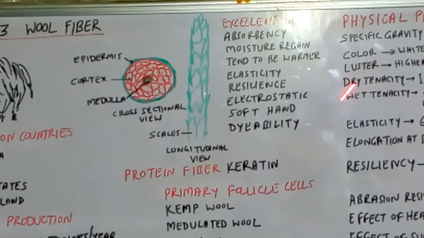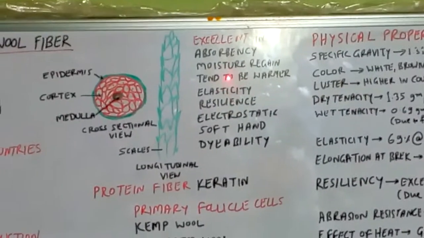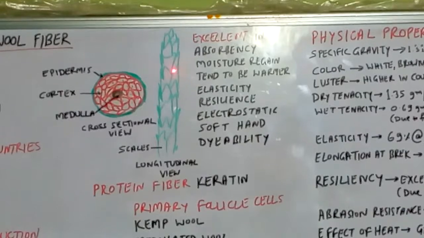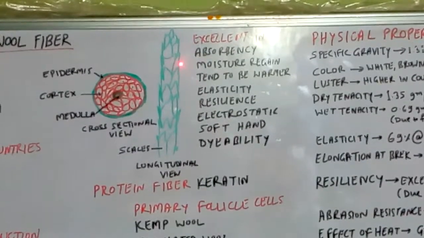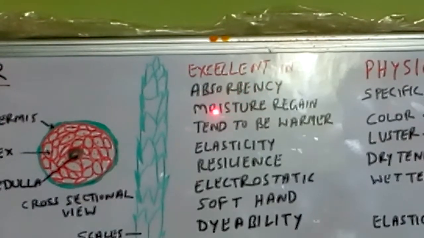Whatever the list given here, excellence is there. See, excellent in absorbency. Excellence in absorbency means the crimp present in this fiber and scale formation allow the air inside. This fiber holds the air.